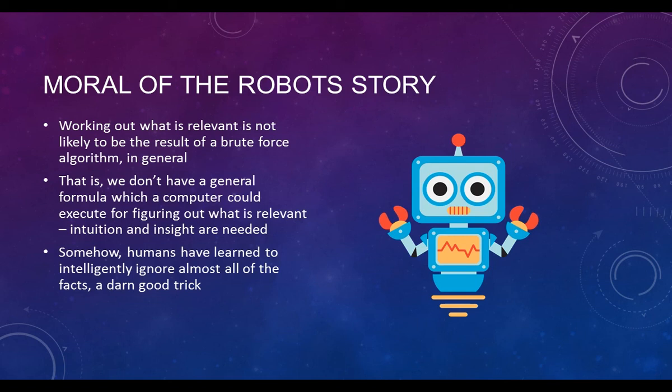It's just an argument that there's not a simple formula for this that we execute. We do it somehow by intelligently ignoring the vast, vast majority of the information and the possible inferences available to us. It's really stunning that we're capable of doing this.